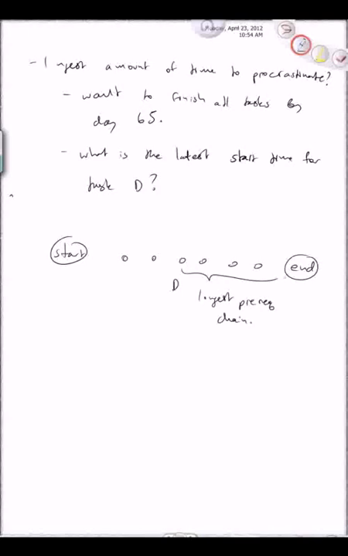Because it's that longest prerequisite chain that is going to tell us how much earlier than day 65 we have to start task D. The way you can do that is to make the graph edges point in this direction, so it's basically reversing the graph edges.